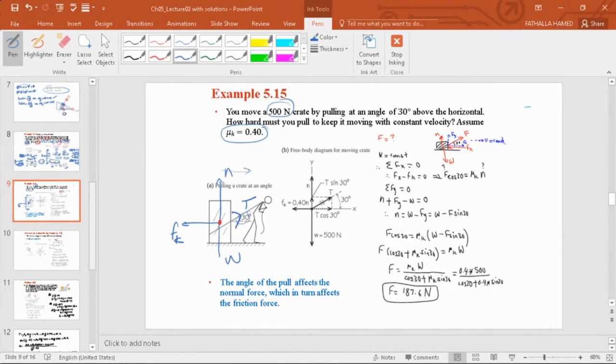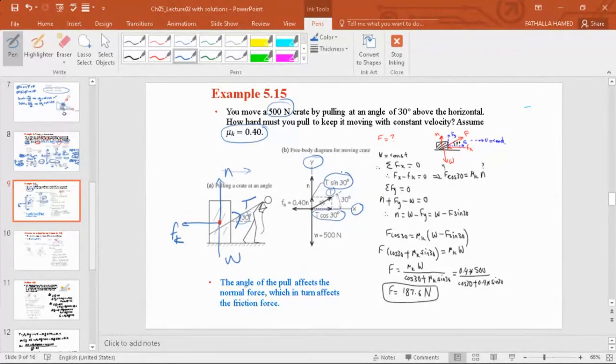You will choose an x and y, always x along the direction of the motion. y will be normal to it. Tension, which we have here, will make an angle with the positive x-axis of 30 degrees. So you have here an x component of the tension, which is T cosine 30. And here you will have a y component of the tension, which is T sine 30.